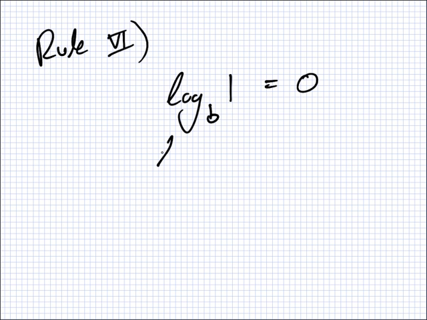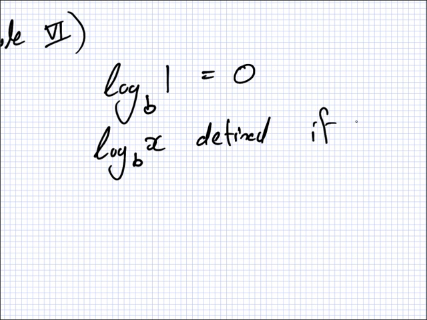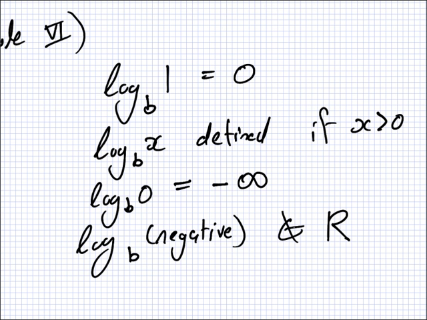Log base b of x is only defined if x is positive, because we do not like log base b of 0. That is minus infinity, which is bad. And we definitely don't like log base b of a negative, because that's not a real number.